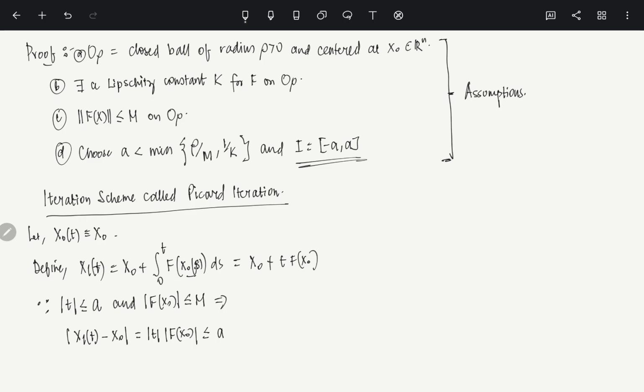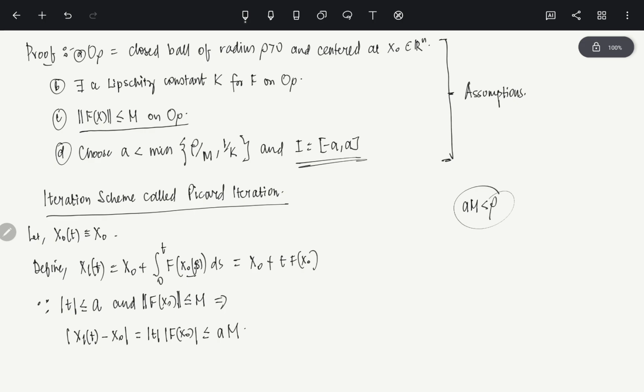I am taking t from there, so it is always dominated by a. And what is f of x naught? That is given to be dominated by m. Where is it given? You see, this is given here. So it is less than am. Now you see, am is less than rho, no?